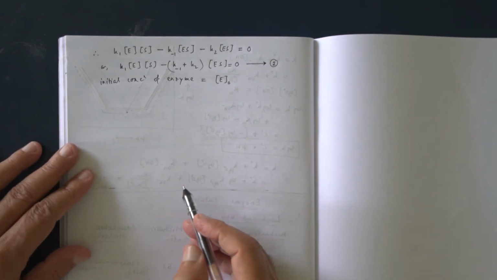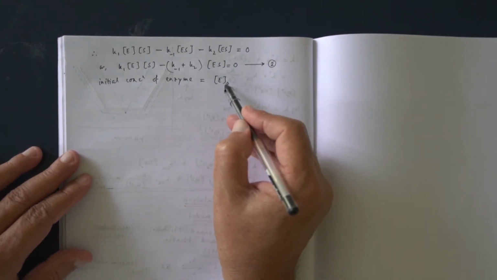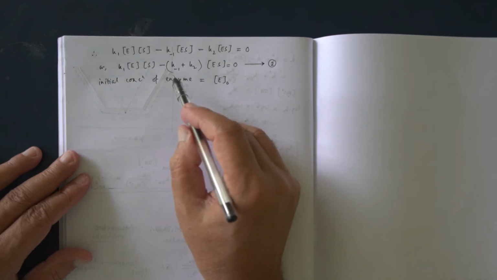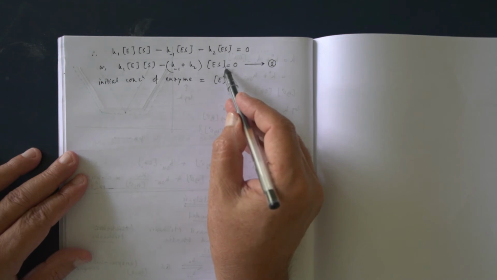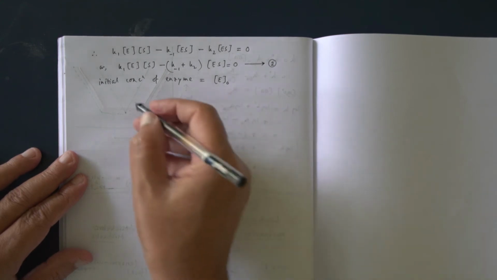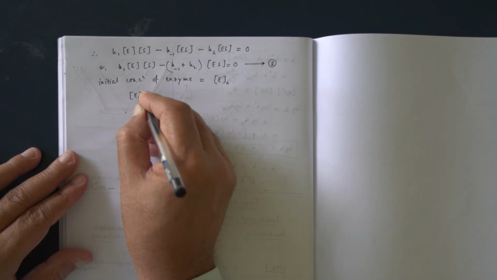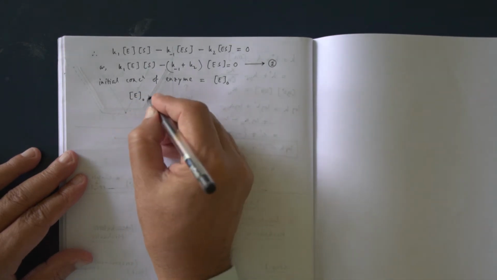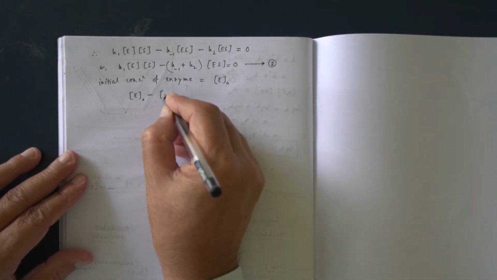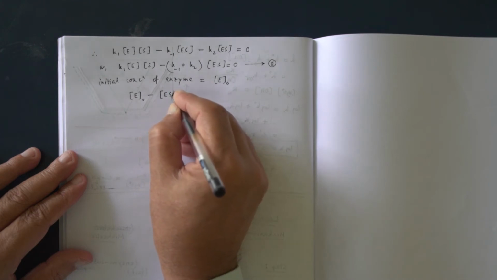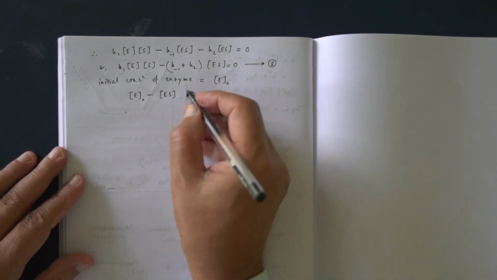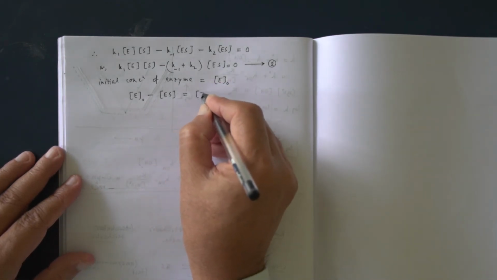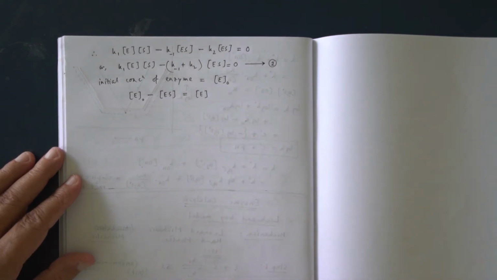Okay, now some of these have reacted with the substrate to form the enzyme substrate complex. That means the initial concentration was this. Out of that, some have reacted to form this complex. So how much remaining? This is the remaining concentration of the enzyme.